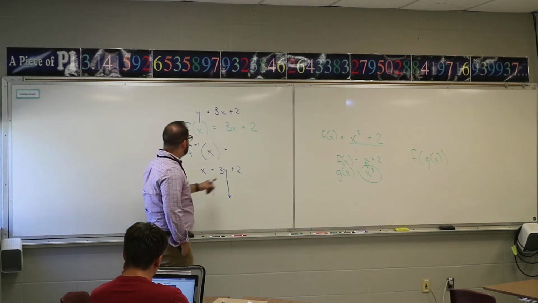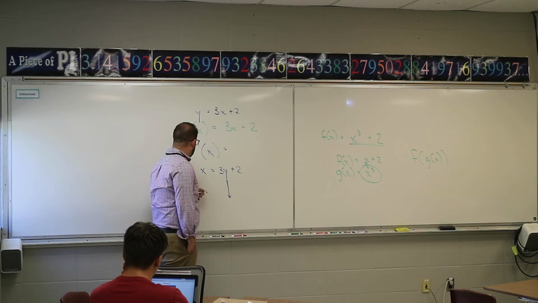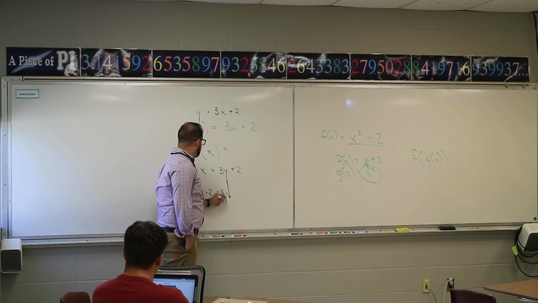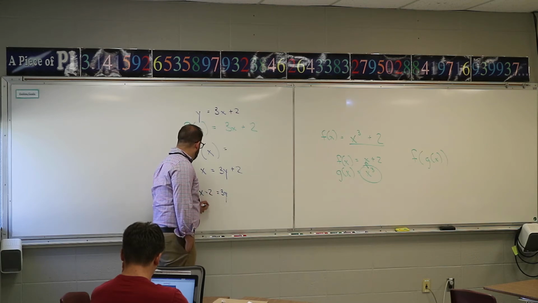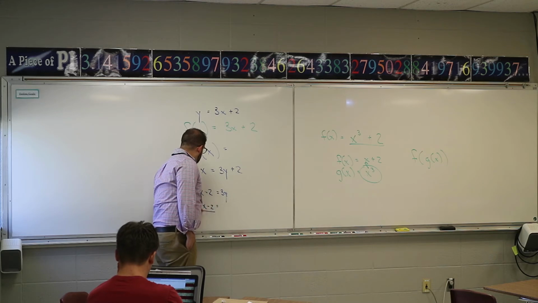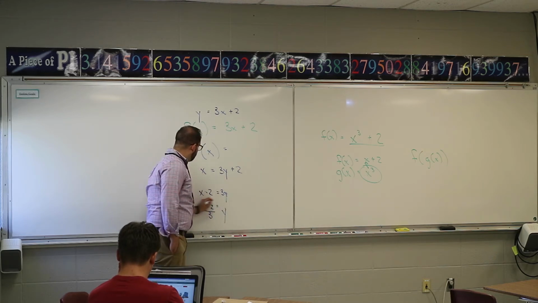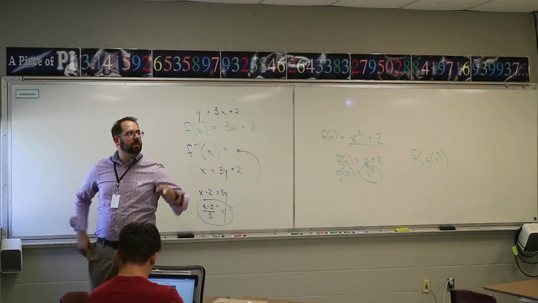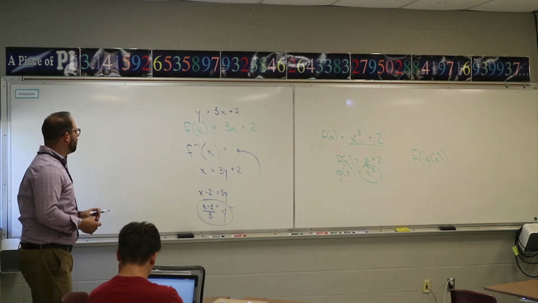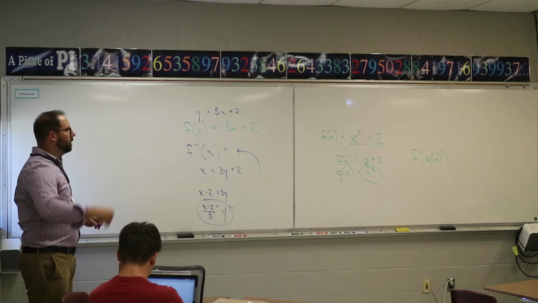So that means I would be subtracting the 2 over, right? You'd move the 2 over, divide by 3, and this function, what you're seeing here is that part. It's the inverse. It's the complete opposite operation. It's undoing what the original one did.